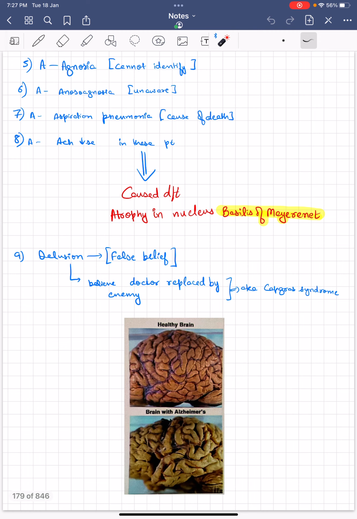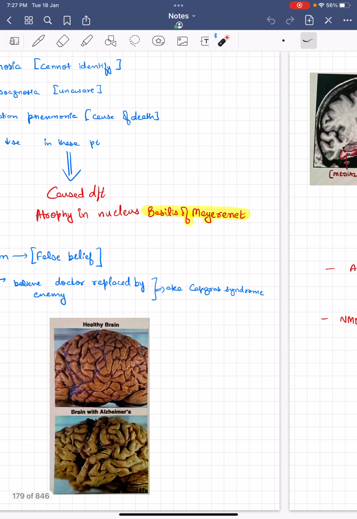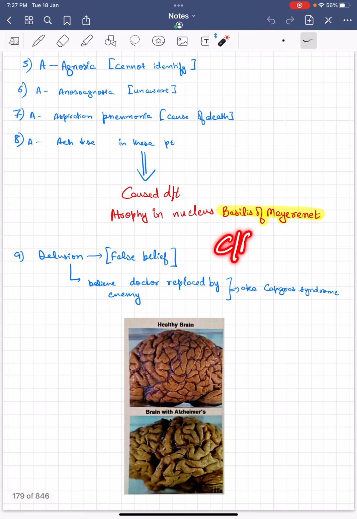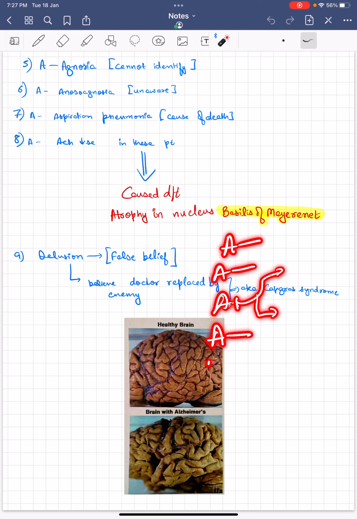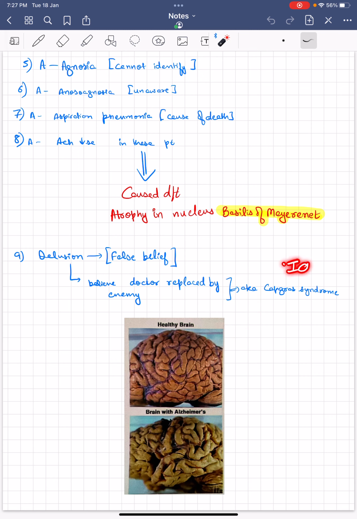So let's revise the clinical features. I think there are multiple A's: atrophy, amnesia, apraxia, aphasia. Apraxia was of two types: ideation and ideomotor. Ideation was when there was non-achievement of the goals, but simple small steps were being achieved, while ideomotor was that even small steps were not being achieved. There's agnosia, where the patient is unable to identify different things.